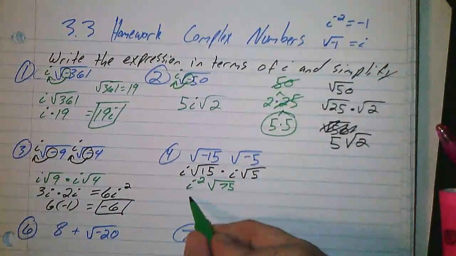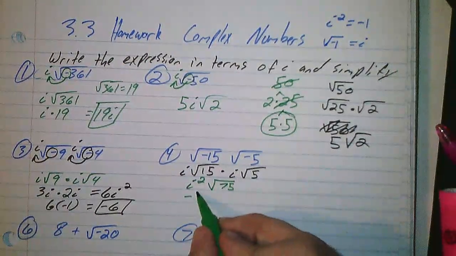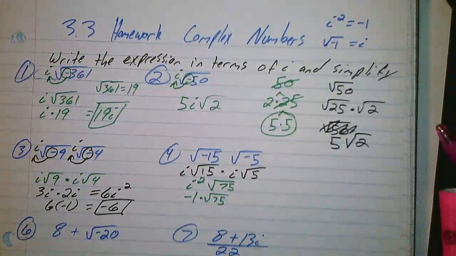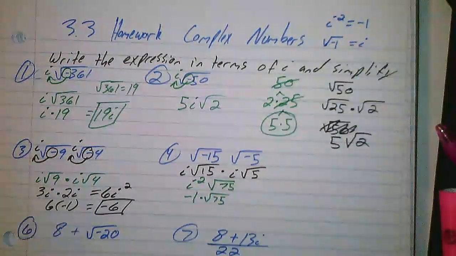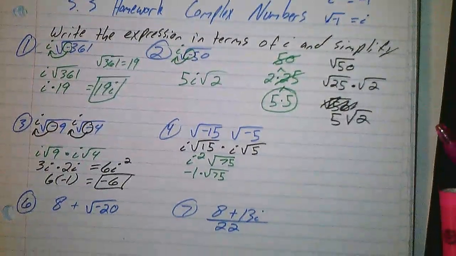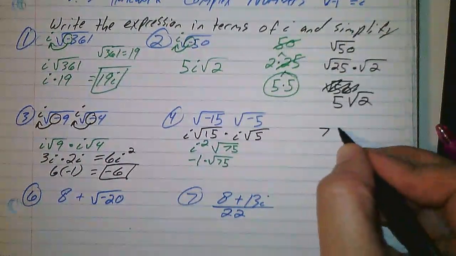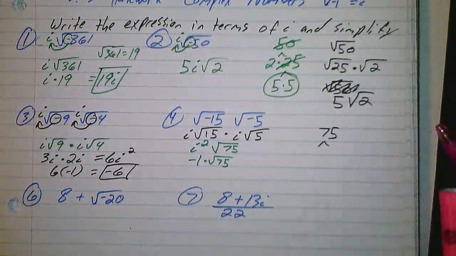Again, we know that i squared is negative 1, so this is really like a negative 1 times the square root of 75. If you said negative 75, or negative root 75, you would get the answer marked wrong, because we can simplify the square root of 75.